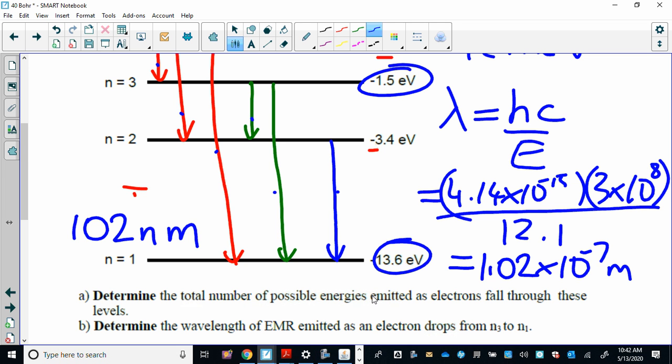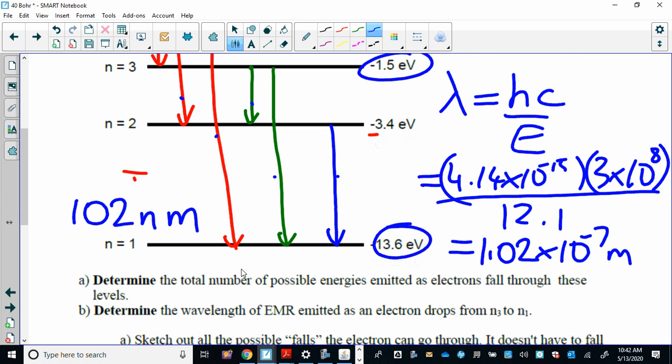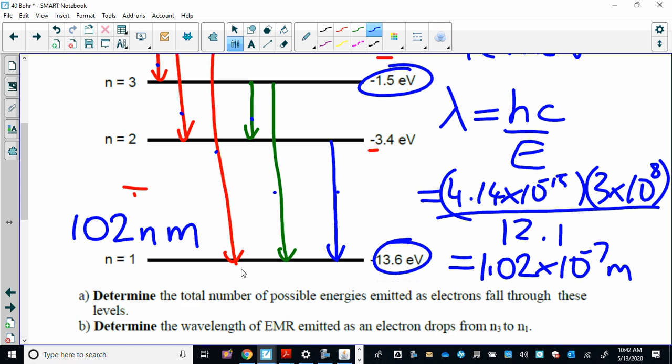Is that visible light? No. That has a shorter wavelength, therefore higher frequency. That is some form of ultraviolet light that's going to be emitted if an electron goes from level 3 to level 1. All right, and that brings us to the end of the Bohr model, onto the quantum model with the next lesson.